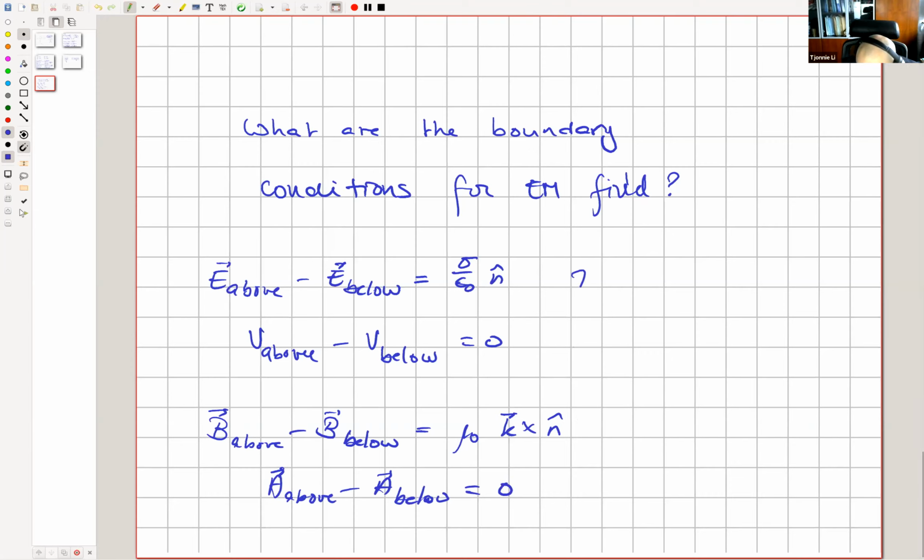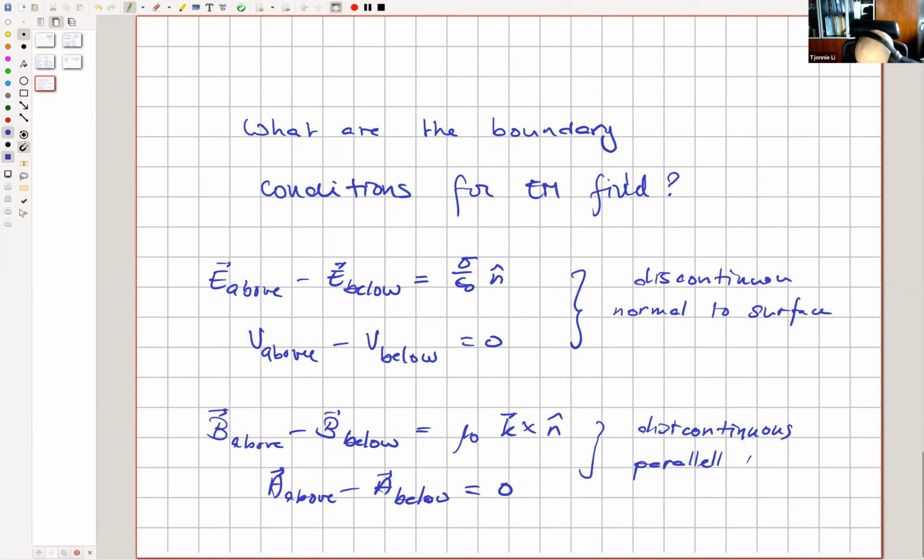Okay, so indeed this is normal to the surface, so it's discontinuous, and this here is discontinuous, it's parallel to the surface. Okay, very good. So those are the boundary conditions for the electromagnetic field.